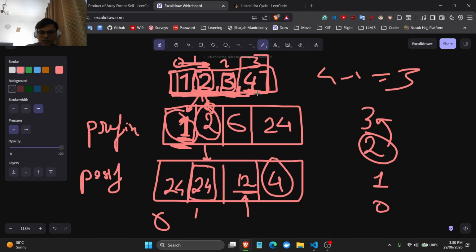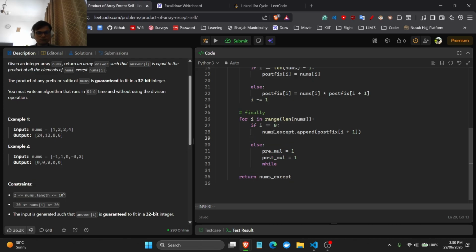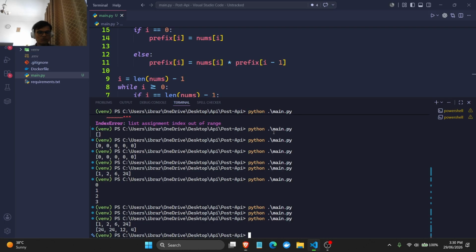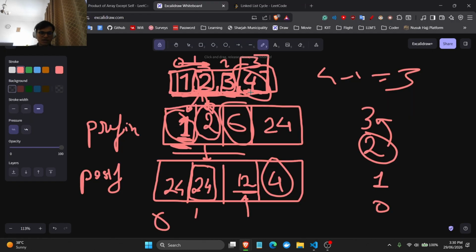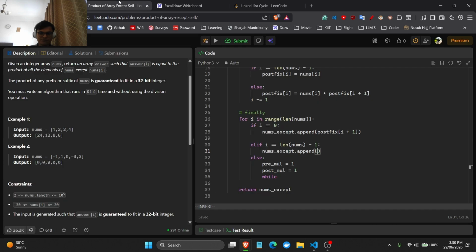4 to the right, and then 4 का up until this point 6 हुआ है, right? Here we just essentially check the prefix, so I could do prefix and we just check prefix i minus 1.